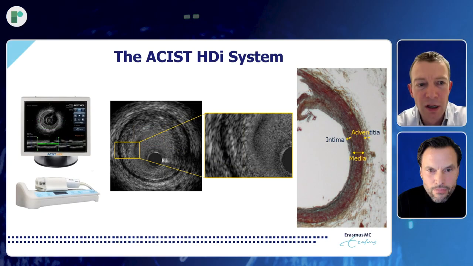This is an example of the ASSIST system, which allows you, with very high resolution, to appreciate the intima, media and adventitia in a single cross section, definitely not comparable to the initial IVUS images we were used to when we started imaging many decades ago. With the introduction of HD IVUS, the gap between IVUS and OCT in terms of resolution got smaller, which can be interpreted as favorable for the use of IVUS in routine practice.